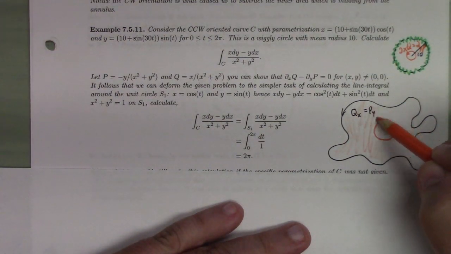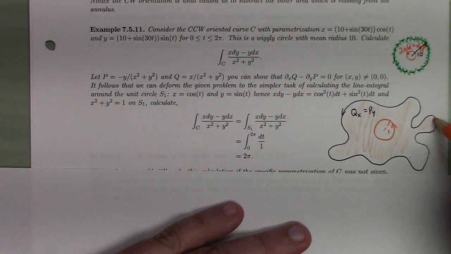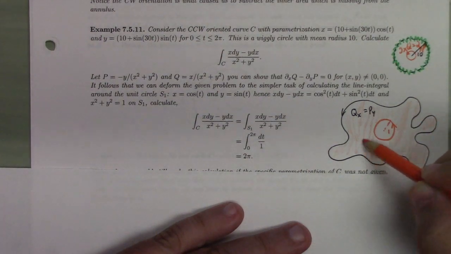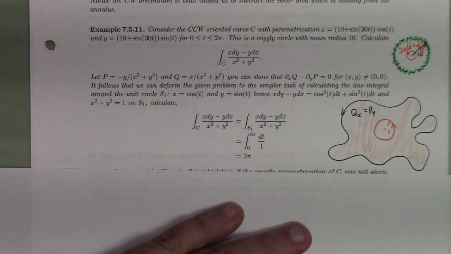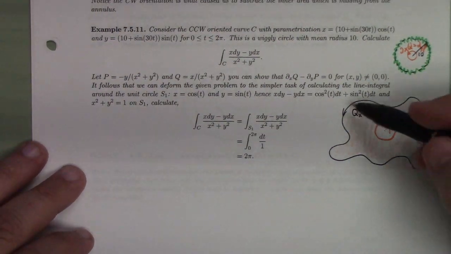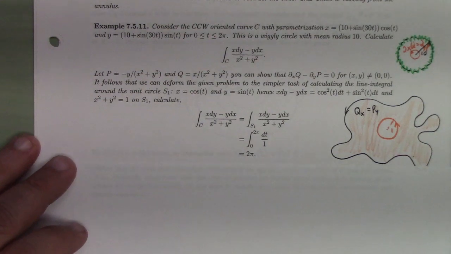Because those partial derivatives are equal, the deformation theorem holds, and the integral around the crazy black curve and the integral around the unit circle are the same. That's the deformation theorem. But the integral around the unit circle is just 2 pi. So the integral on the black curve, which I don't even give you a formula for, is also 2 pi.